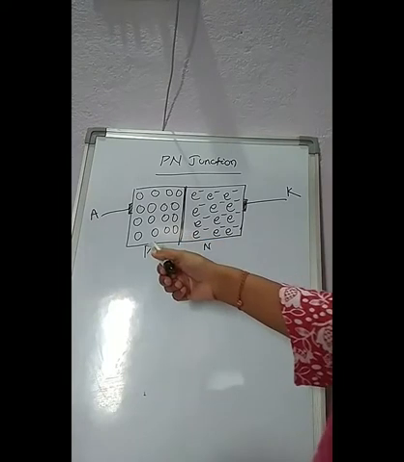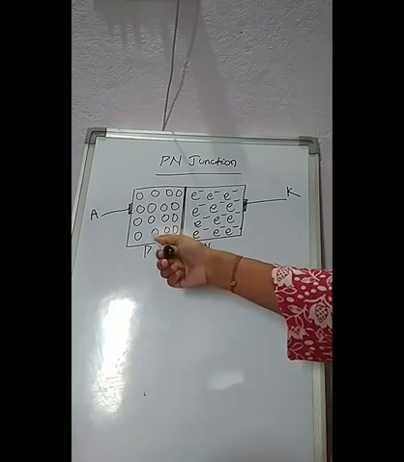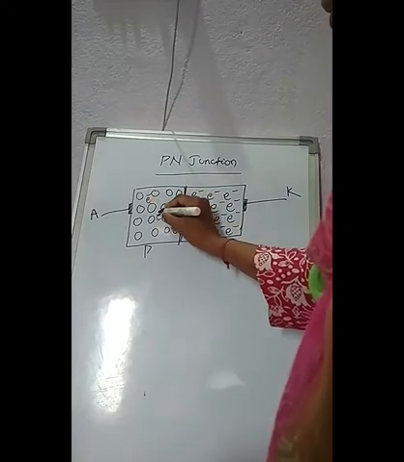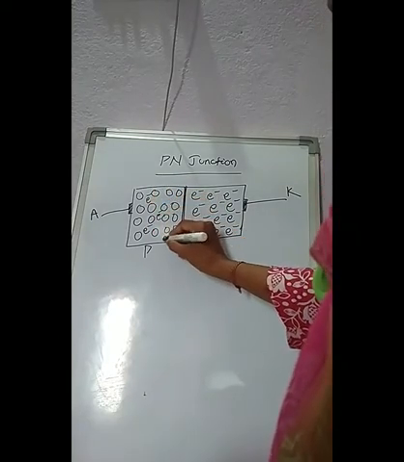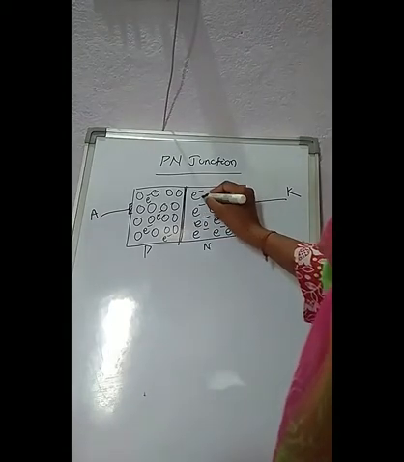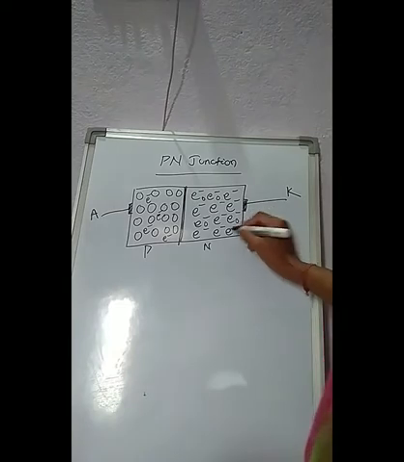Hence, in P-type semiconductor material, the minority charge carriers are electrons, and in N-type the minority charge carriers are holes.